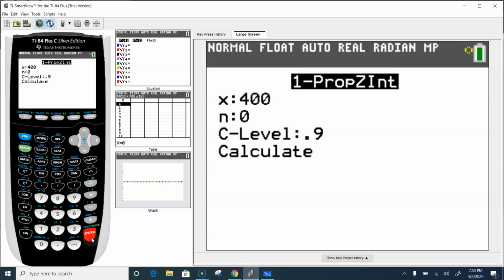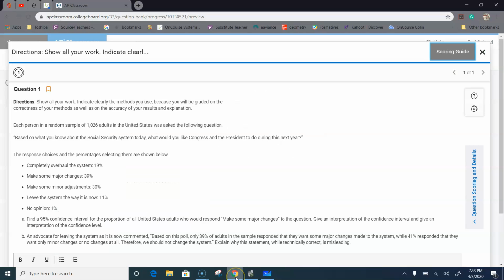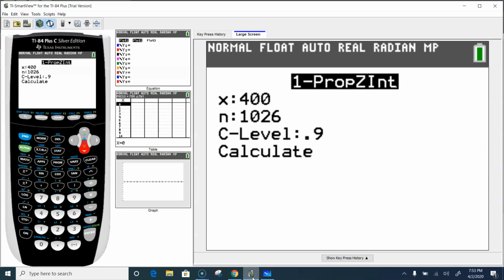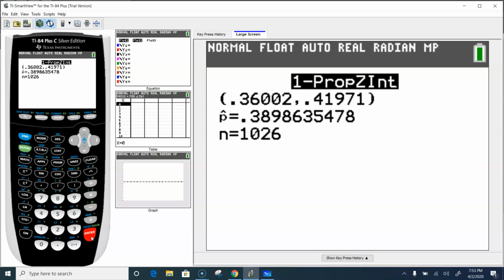So you just got to round that to 400. And then we had 1,026 in our sample size. And we want 95% confidence, right? Okay, so 0.36 to 0.4197. So to me, that's the easy part, getting the interval.